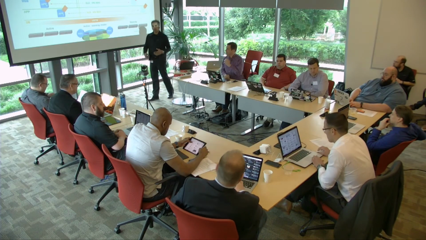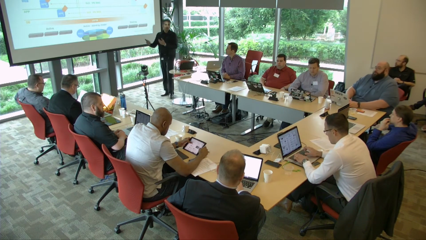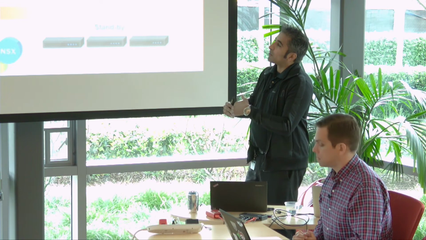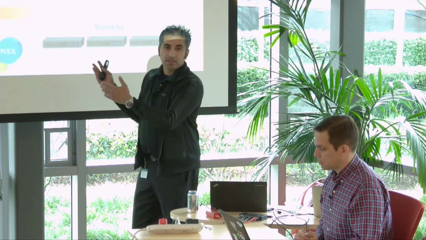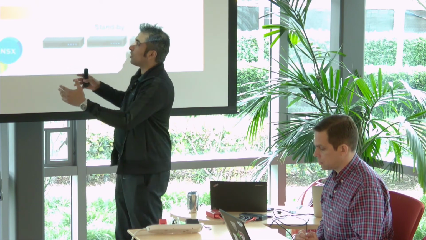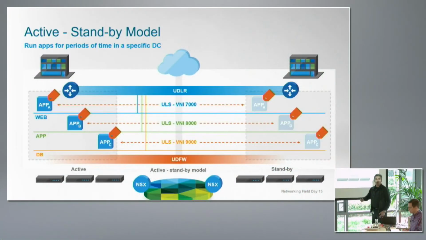So yeah, it's a good question. This is a matter of administrative domain. As long as you have administrative domain, you can do cross VC, so cross vCenter NSX. In this case, I'm showing on-premise. Now, a data center on the other end could be a physical data center, or it could be a data center sitting on the cloud, such as the IBM.